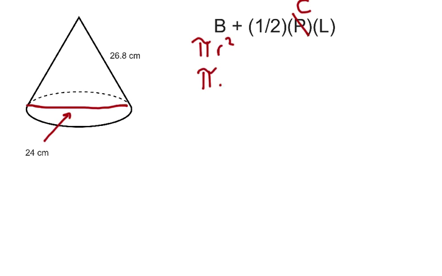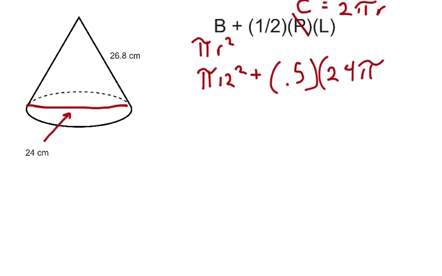So pi 12 squared plus, instead of 1/2, I'll use 0.5 since I'm using a calculator. Circumference, we said 2 pi r. My r is 12 times 2 is 24. So my circumference is 24 pi. And my L slant height, 26.8.